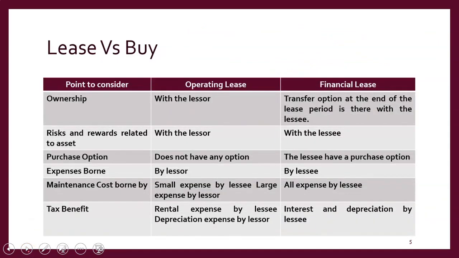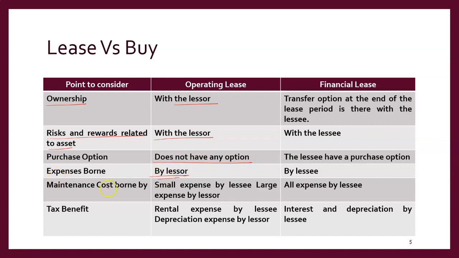So now we'll consider the difference between an operating lease and a finance lease. In an operating lease, the ownership lies with the lessor. The risks and rewards related to the asset are with the lessor. There's no question of a purchase option in an operating lease. The expenses have to be borne by the lessor.